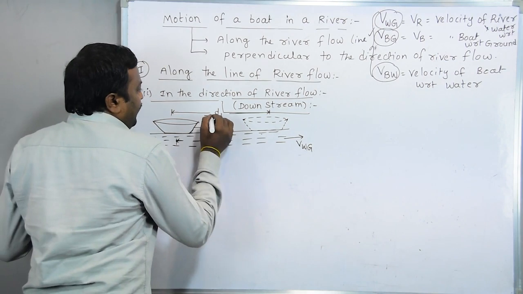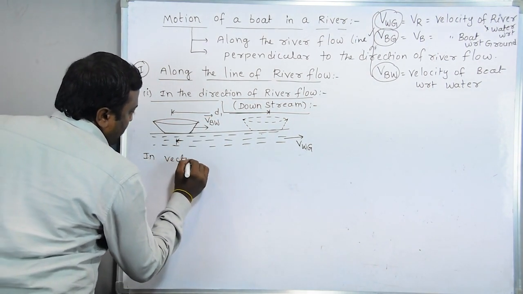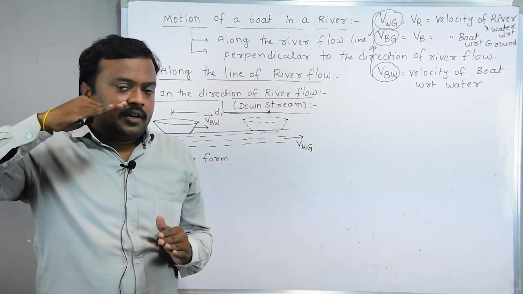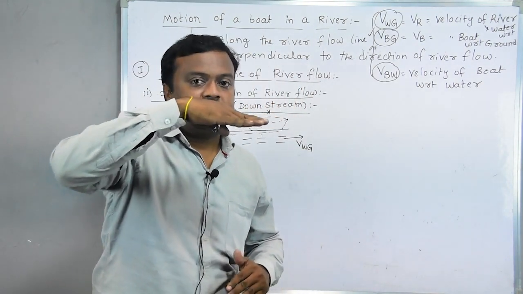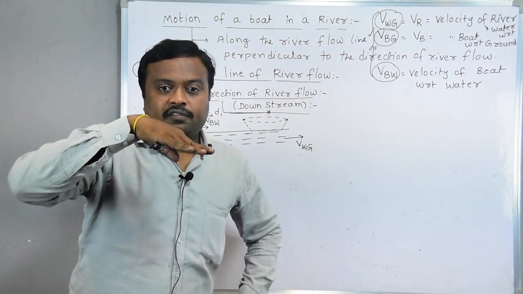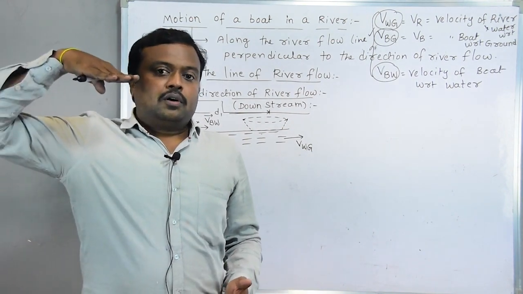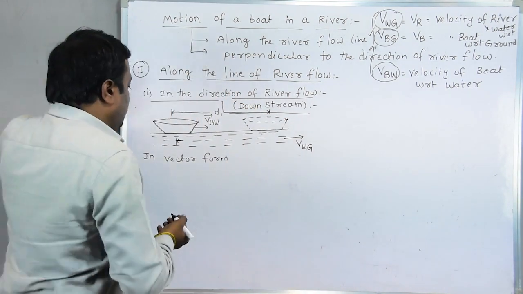Now in vector form, how can we write it? The river is moving in this way. The boat is also moving on its surface. So the total velocity of the boat with respect to ground is river velocity plus boat velocity. Very simple.